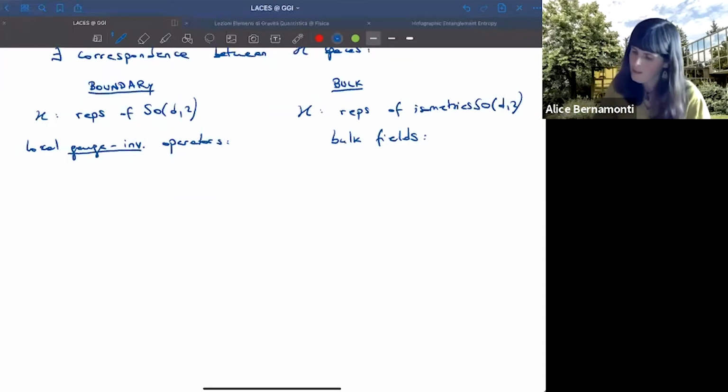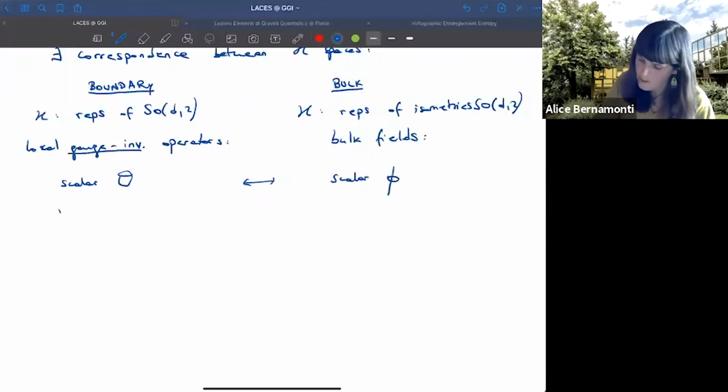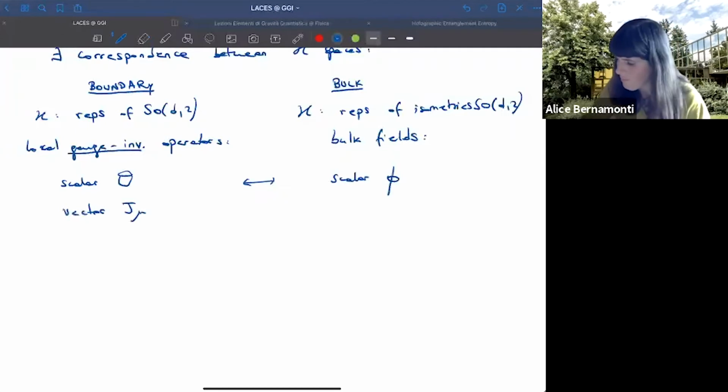So scalar operators O correspond to bulk scalar fields. Vector operators J_mu will correspond to vector fields in the bulk. Of course, we have to match quantum numbers.